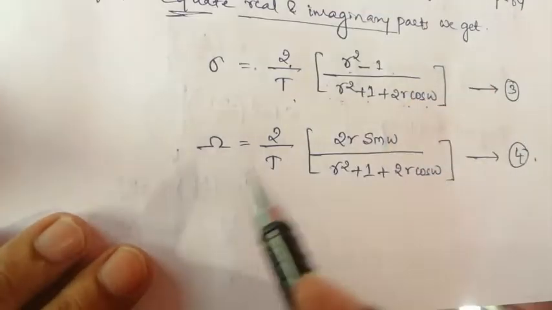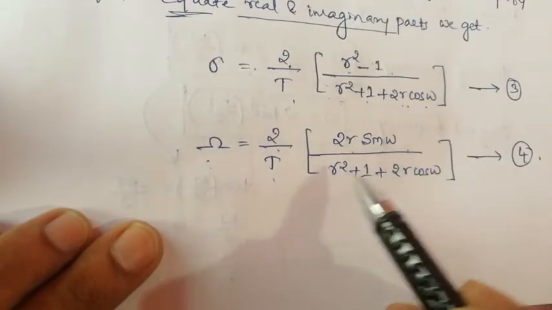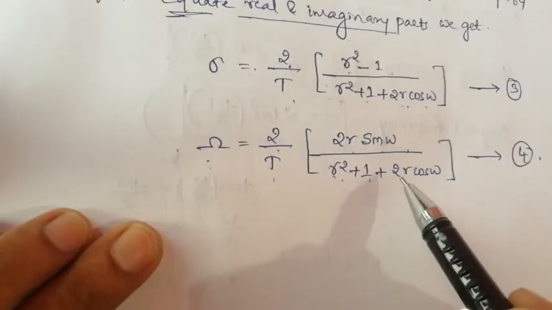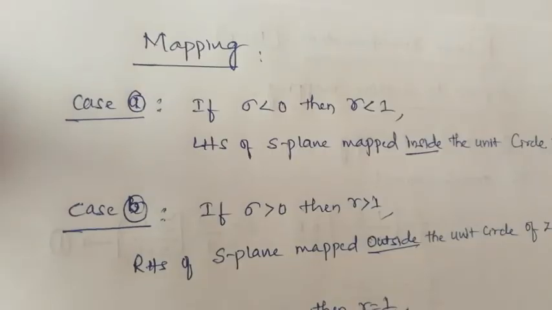Then omega equal to 2 by T inside the bracket, 2r sin omega divided by r square plus 1 plus 2r cos omega.